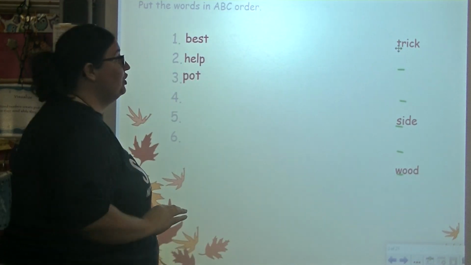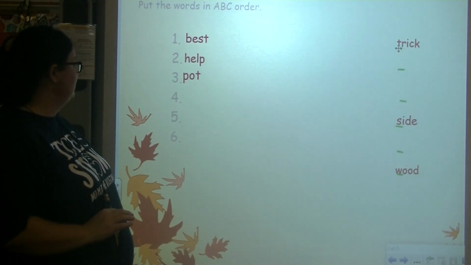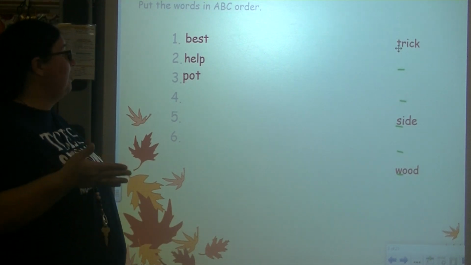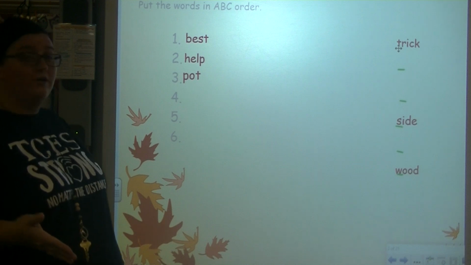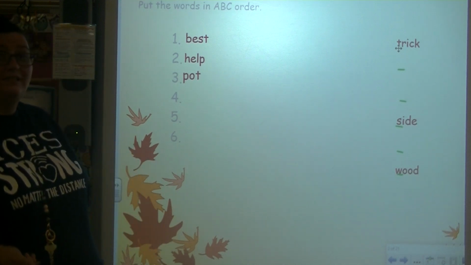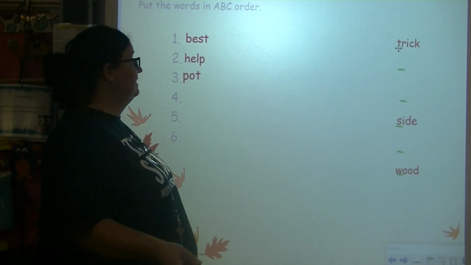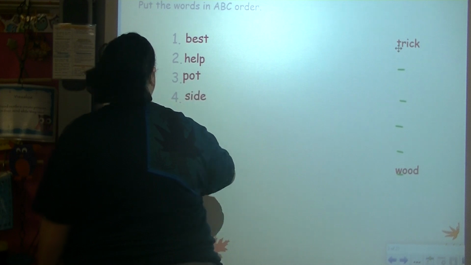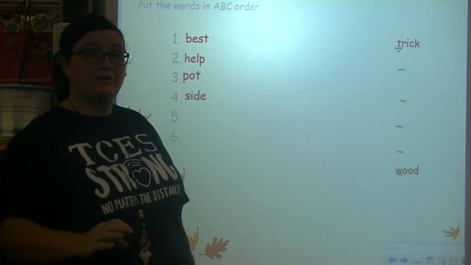Is there a Q? No. What comes after Q, boys and girls? R. Is there an R word? No. Is there an S? Yes, what is it? Side. What comes after S, boys and girls?